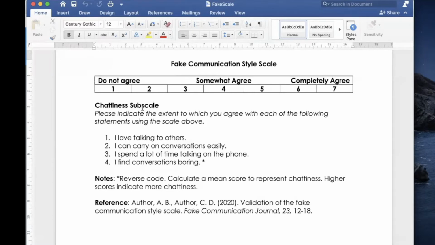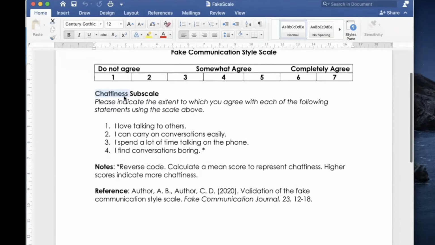There might be like 20 questions divided into a few subscales, and the questions that fall under that subscale actually make that variable. So in our fake communication style scale, there could be a chattiness subscale, a talking over others subscale, a listening subscale, etc. Each of those subscales would have their own little set of items that you would then turn into one score to represent that particular subscale.